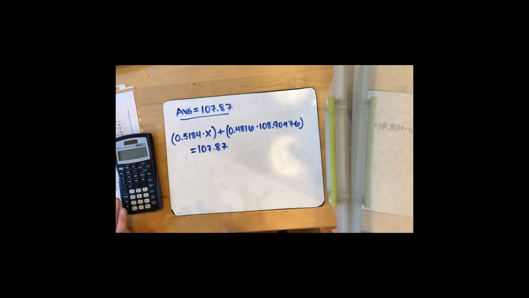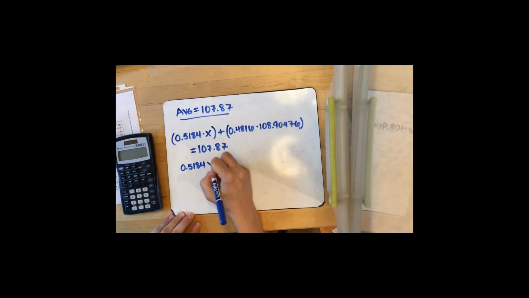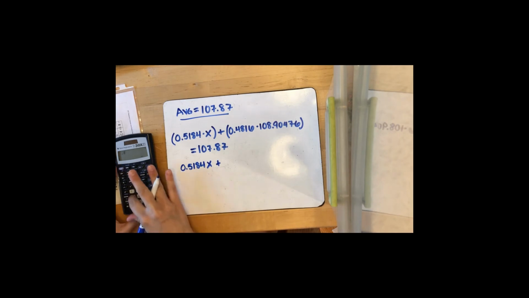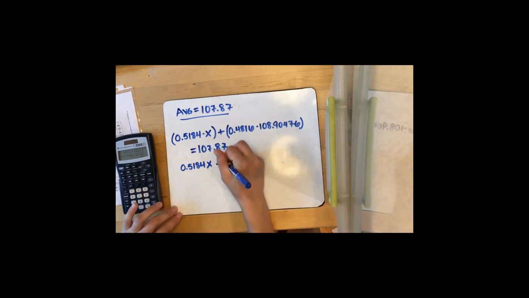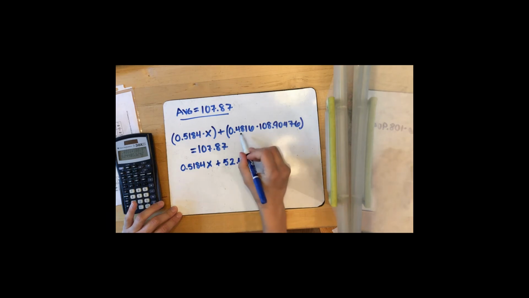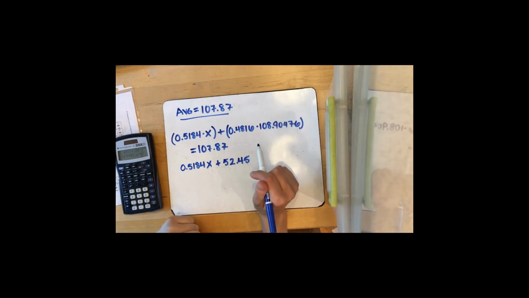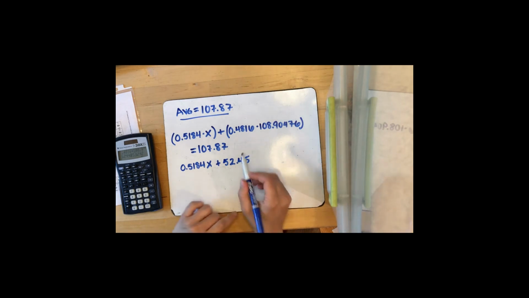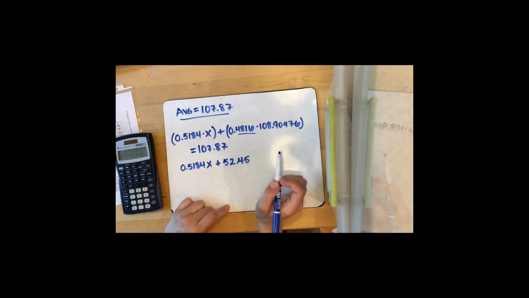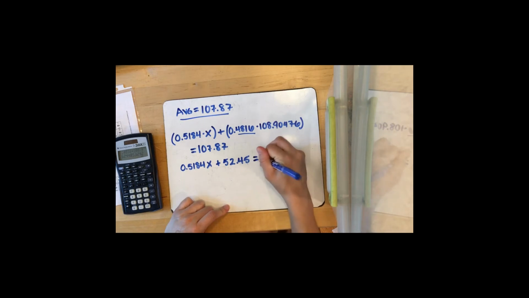Okay, so we can do some math here to simplify this. So when I multiply these two together, I get 52.44853242. I'm just going to round that to 4 sig figs because this only has 4 sig figs.